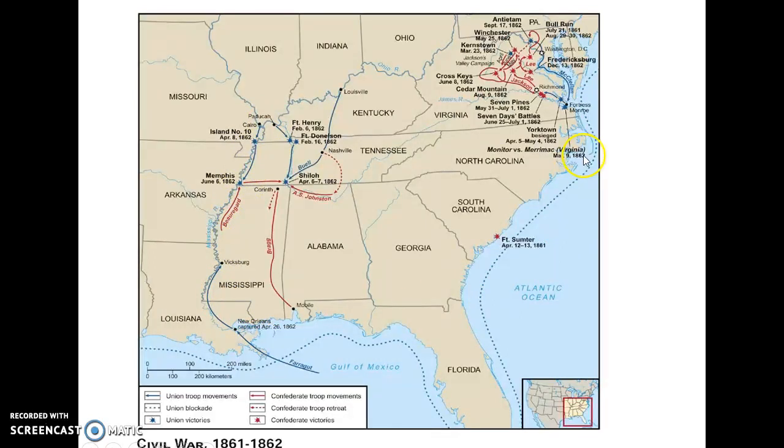The other thing you see happening is up here, you see Washington, D.C., and you see Richmond. So the capital of the United States, the capital of the Confederate States. They're not that far apart, and so you can see why a lot of the battles take place in between there. To summarize what's going on up here, the North tries to take over Richmond very early in the war.